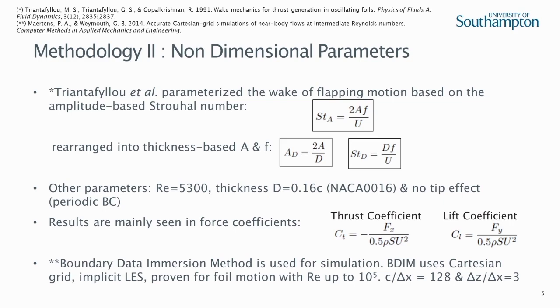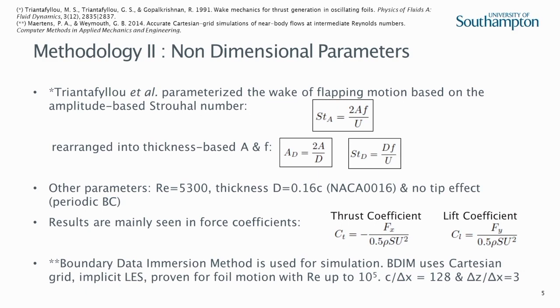I'm using a Reynolds number of 5,000 and a NACA 0016 thickness. There are no tip effects because I'm using periodic boundary conditions. I will look at the coefficients of thrust and lift. I'm using CFD based on the boundary data immersion method used by Gabriel Weymouth.